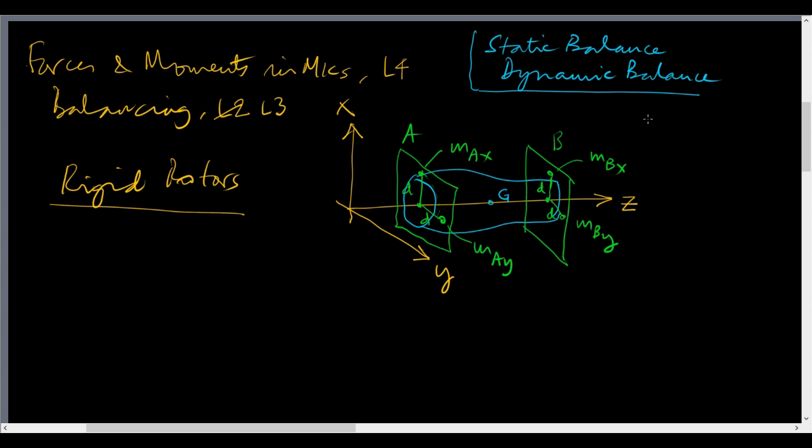I pointed out that this max does not appear by itself, it is always multiplied by the distance, so we can double the distance and make the mass half, and the effect on balance will be the same. There was another interesting point, which is that this max and this may can be combined vectorially.